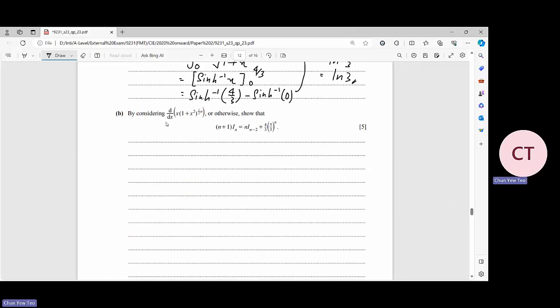For part B, they're asking you to consider the differentiation here. From here, you can see that you have the product rule: keep the left, differentiate the right, and keep the right, differentiate the left. So differentiate x (1 plus x squared) to the power of half n.